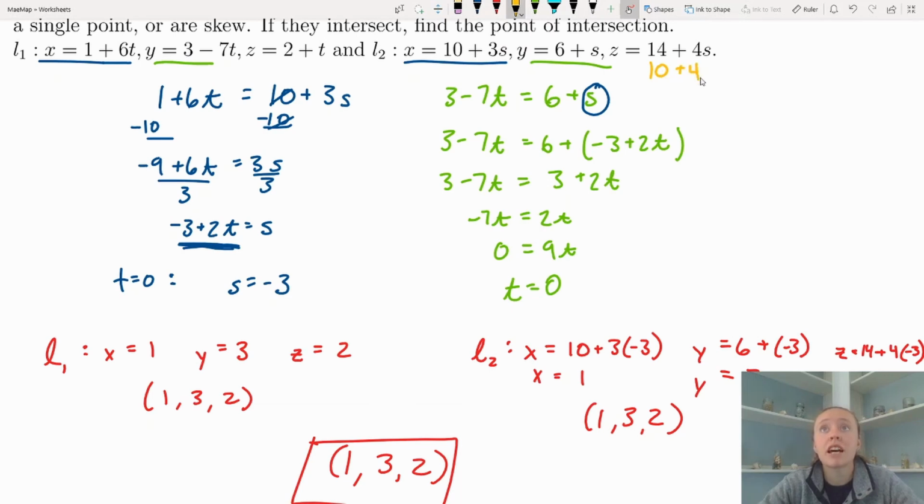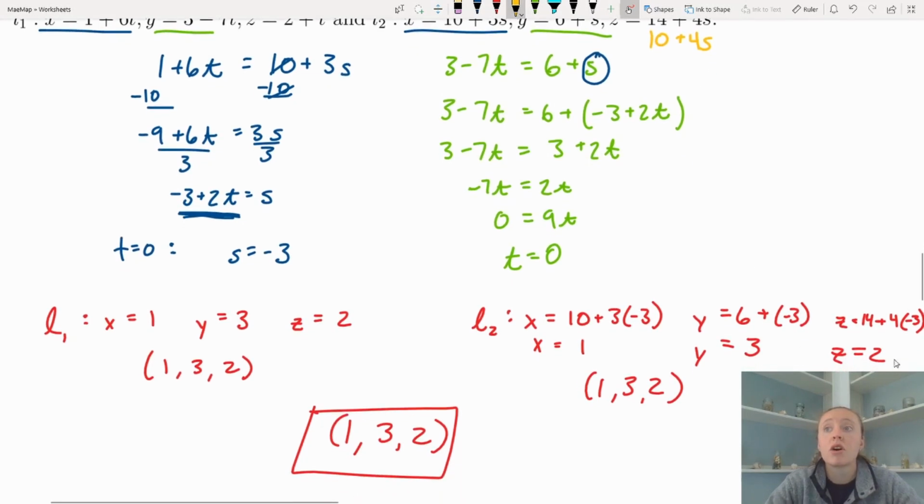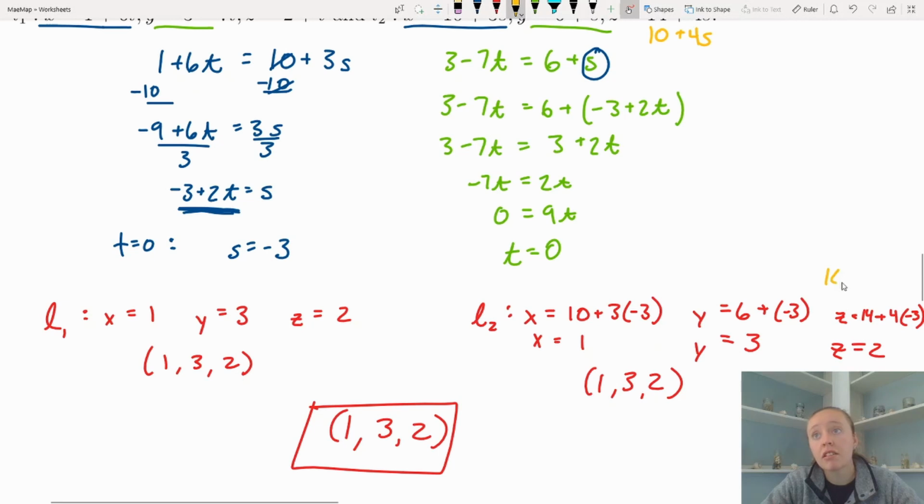If I would have made that 10 plus 4s, when I plugged in negative 3, I would have gotten 10 minus 12, which would have given me a negative 2, which would have given me the point 1, 3, negative 2, which is not the same as the point 1, 3, 2. Therefore, those would have been skew. So only one of those coordinates has to not be the same for them not to intersect.